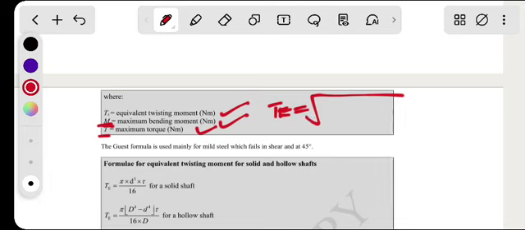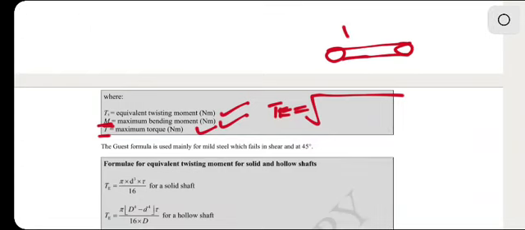I've told you, the shaft is simultaneously subjected to bending, and also to twisting.